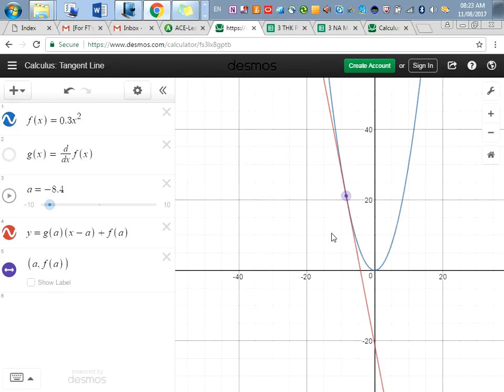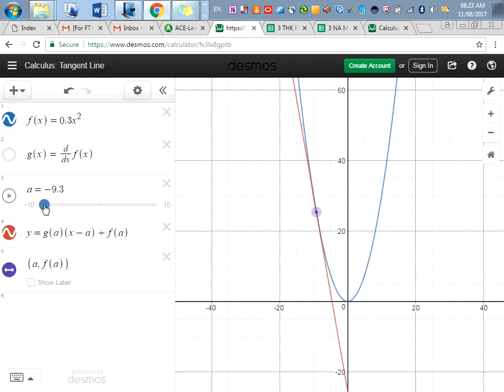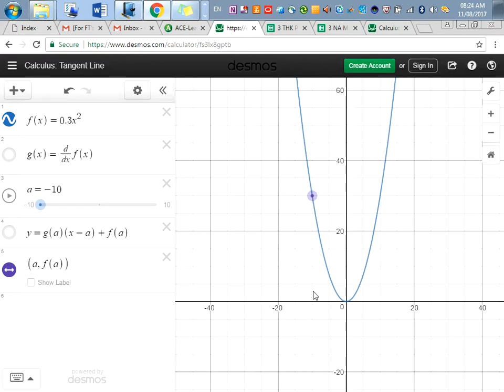In this graph, this circle over here refers to the point on the graph that I am trying to find the gradient at. If I ask you to find the gradient of this curve at x equals negative 10, then what you need to do is to take a ruler, put it here, and draw a straight line that touches the curve only at this point.